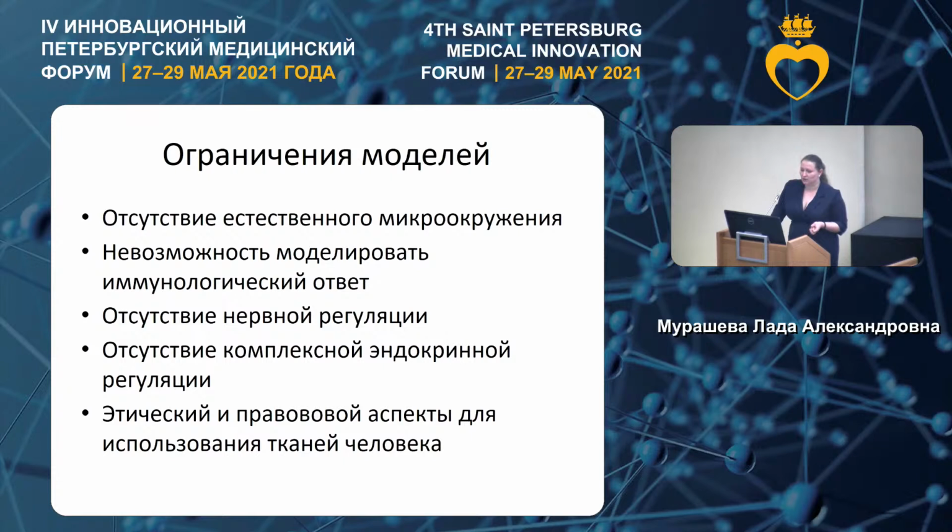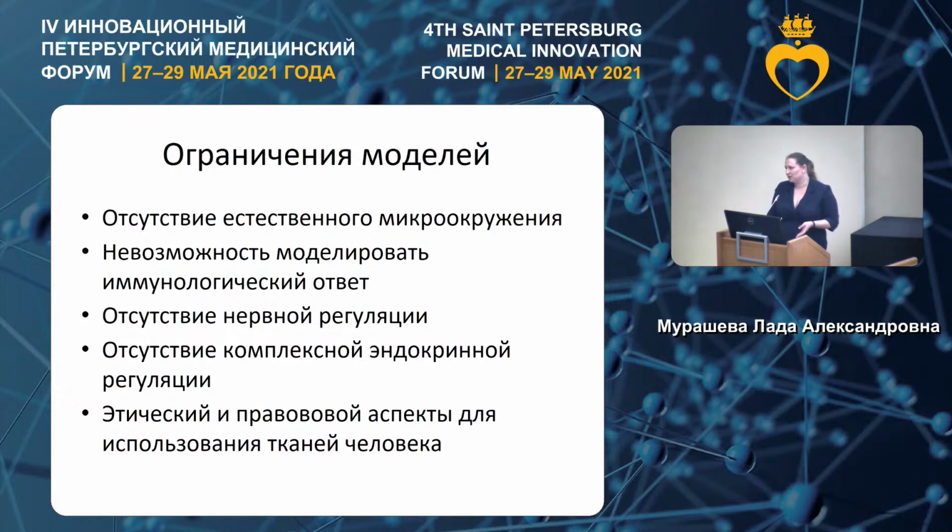It is impossible to model the full immunological response. An intestinal organoid might use macrophages and neutrophils for health, but no one would help it and it will die alone. There is a lack of nervous regulation: they don't get a normal signal, and there is no feedback with the brain as there would be in a living organism.